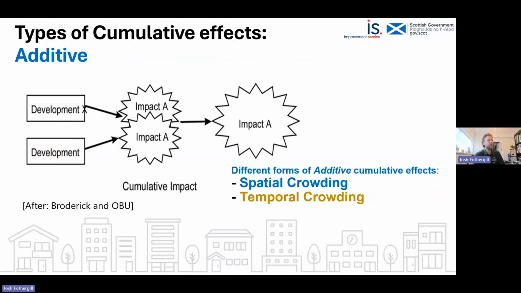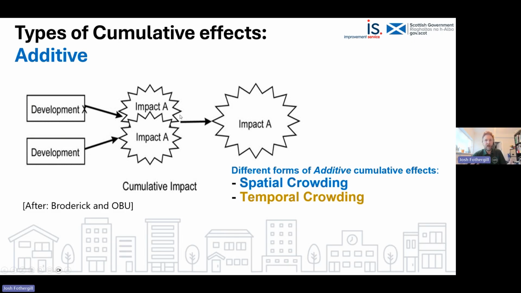So moving on from that, to just think about some of the different types of cumulative effects that can occur. A common type of cumulative effect is one that's called additive. So we have, say, the development that we will be looking to consent, and another separate development, one that's perhaps already existing, and they're both having the same type of impact.